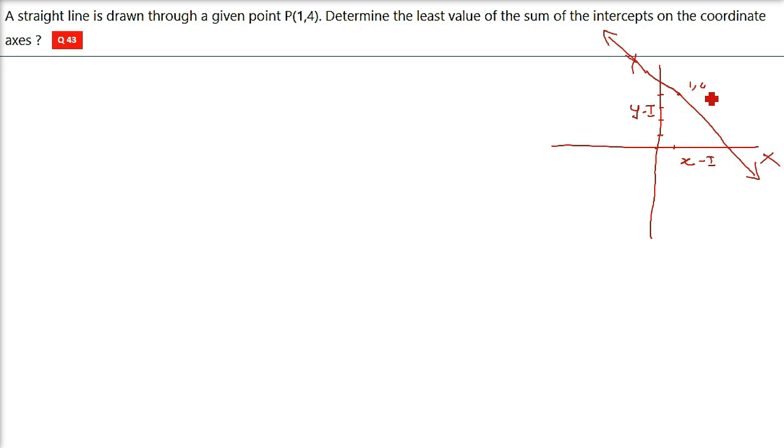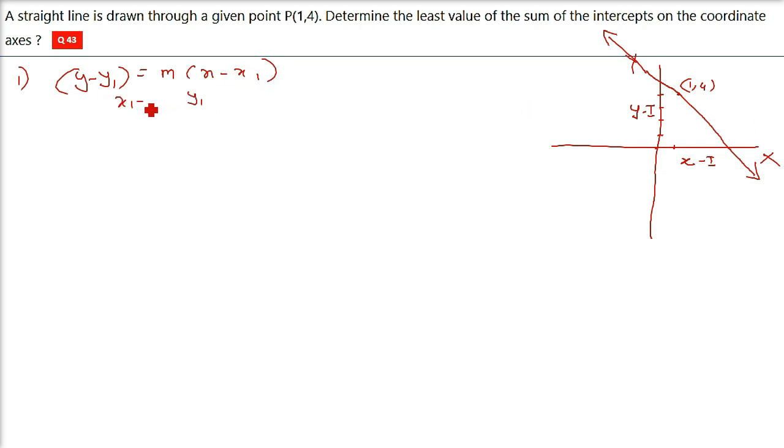Now this is a line which is passing through (1, 4). We are going to make an equation of a line passing through (1, 4). What is the straight line equation? y minus y1 equals m into x minus x1, a line passing through (x1, y1) having a slope m. What is (x1, y1)?